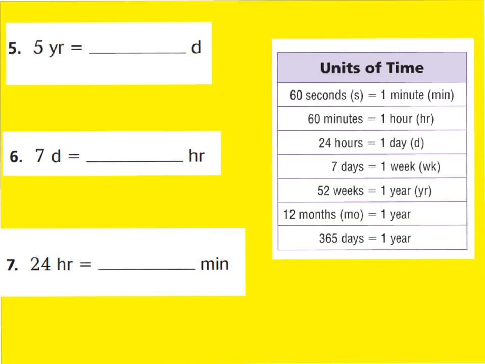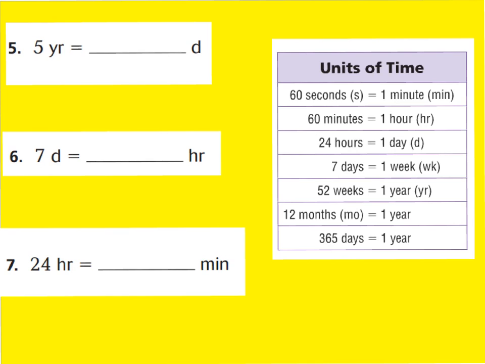All right, let's take a look at question 5. Question 5 says, 5 years is equal to how many days? Well, let's take a look and see how many days are in 1 year. If there's 365 days in 1 year, we'd have to know how many days there'd be in 5 years. Because we're going from a bigger unit to a smaller unit, years are bigger than days, we're going to multiply because we're going to have more days than we will years.